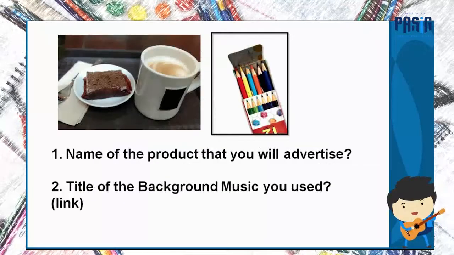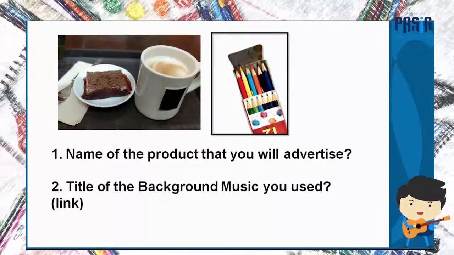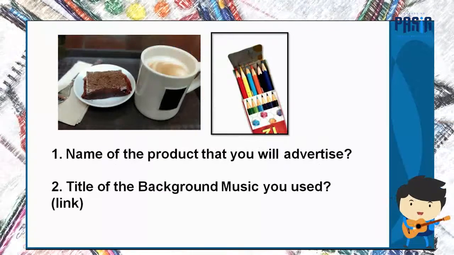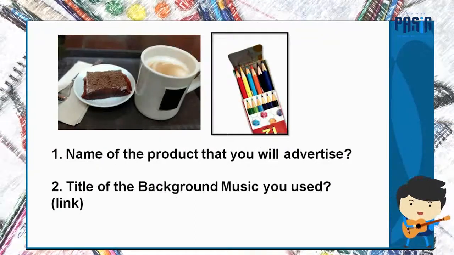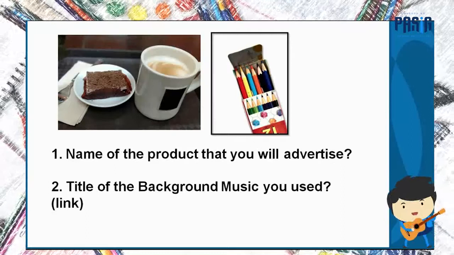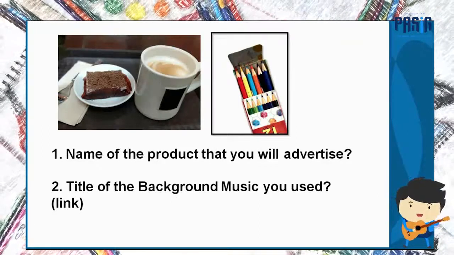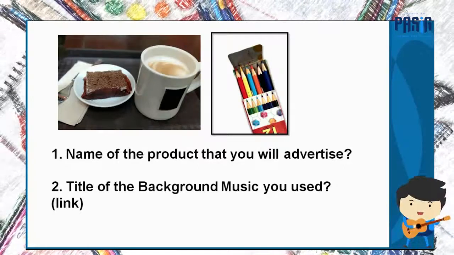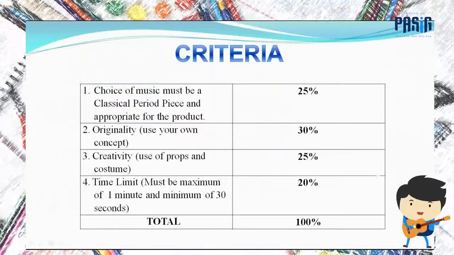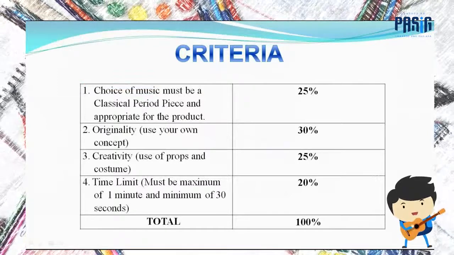First, the name of the product that you will advertise. Next, number 2, the title of the background music you use. So our activity number 1 can be seen in your module. Here are the criteria in our first activity.